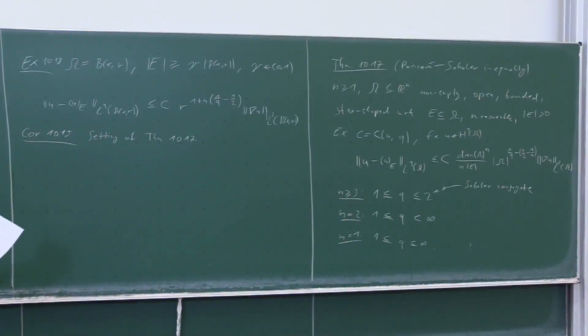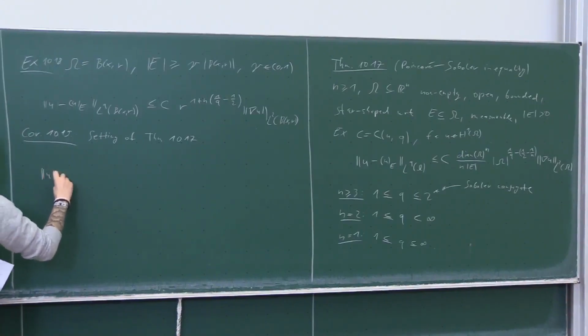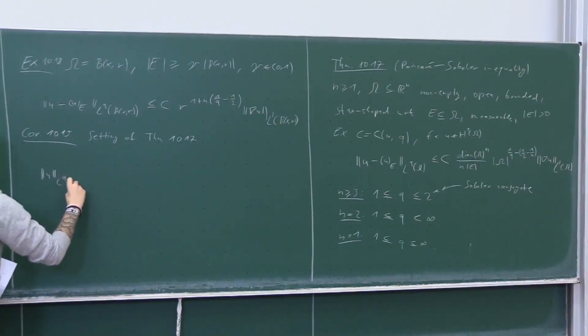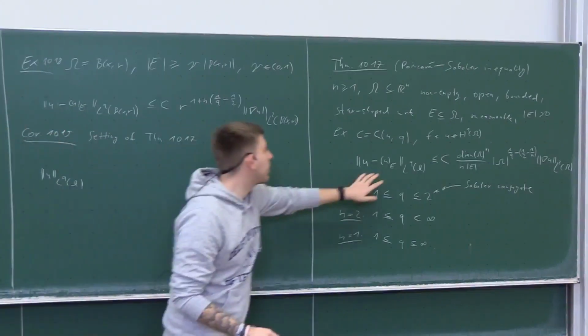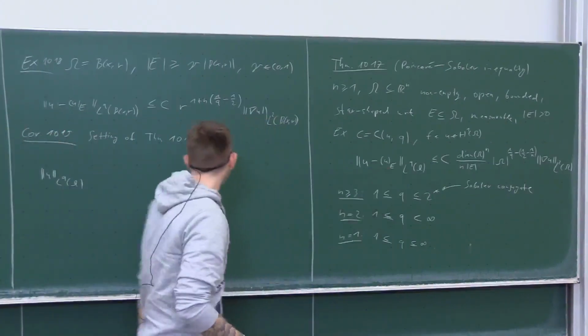And what do we then get? We get an estimate of u in the Lq of omega norm. So this already looks quite similar to the Sobolev inequalities that we had last time. So somehow this averaging operation here disappeared.